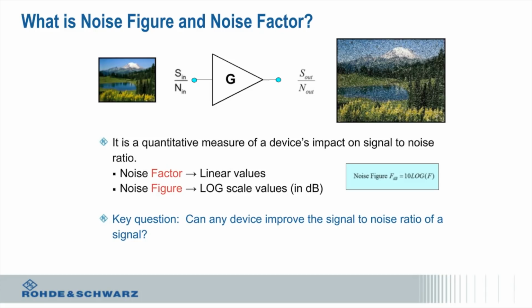This isn't necessarily how a real system would work, but I think it gives you a good value in terms of what this all means. So typically you'll hear noise factor, that's talking in linear terms, or noise figure, which is in dB scale. So typically RF microwave engineers talk in dBs.